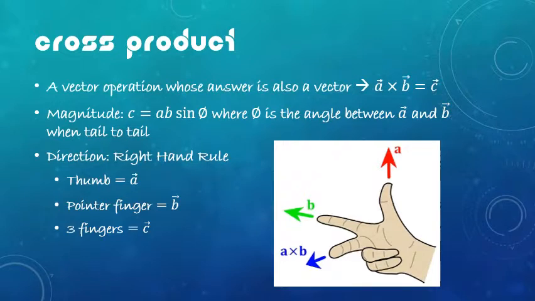When we are using this right-hand rule for the cross product, our thumb always represents the first vector, our pointer finger always represents the second vector, and then our three fingers, or perhaps just our middle finger like you see in this diagram, represents the result, which I've called vector C, or you could say that it represents A cross B. We'll do some examples in class where we are using this equation for magnitude and the cross product to come up with the direction.